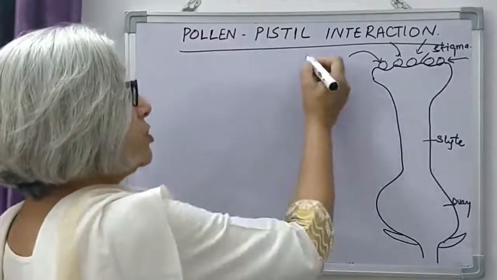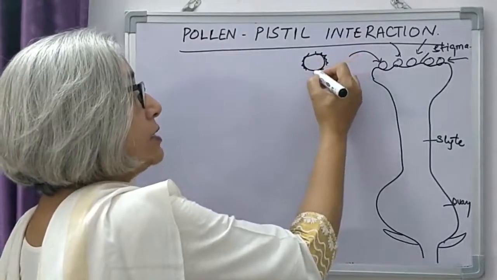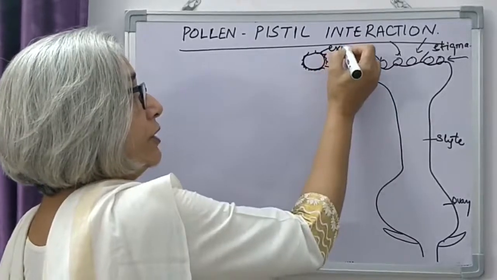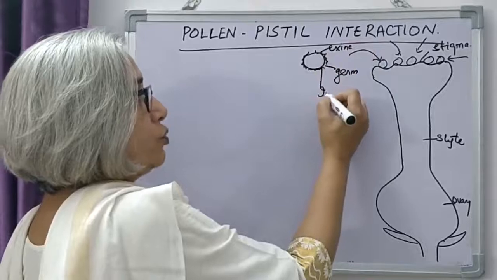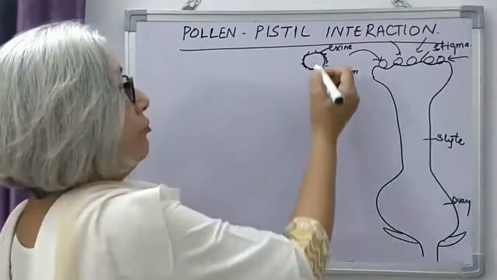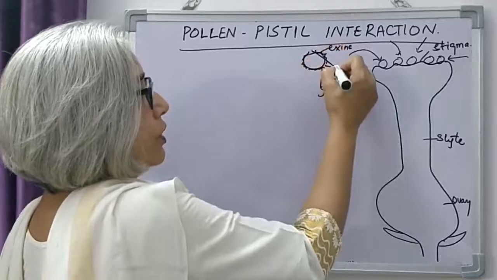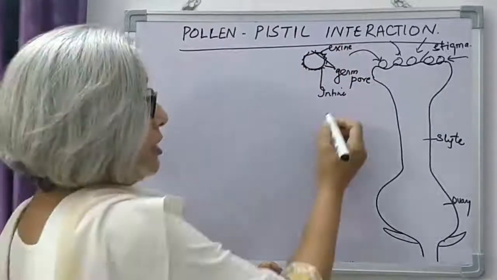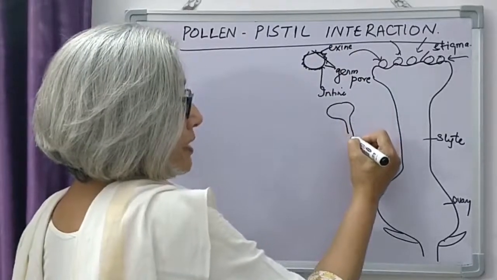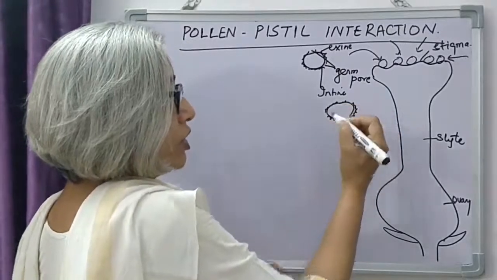Now coming back to the structure of the pollen grain, we had studied that the pollen grain has two layers. The outer rough layer is the exine and the inner smooth layer is the intine, and the break in the exine forms germ pores. So these are the germ pores, and the pollen tube is an extension of the intine which emerges out through the germ pore.